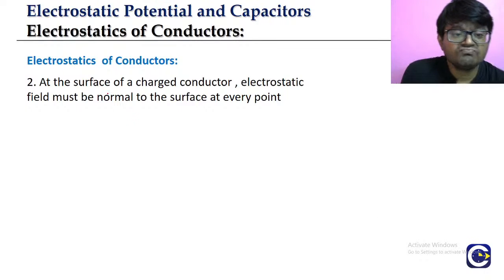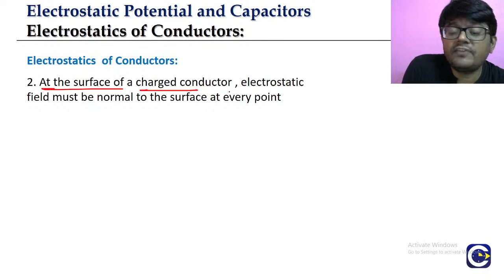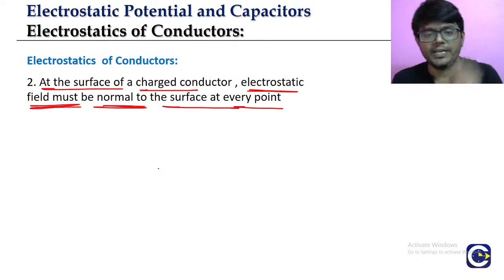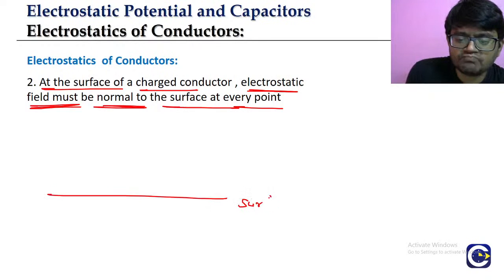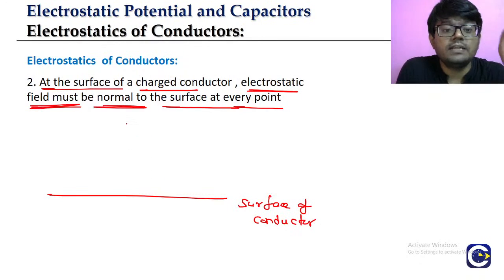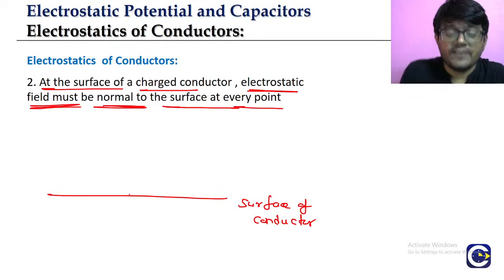Another point: at the surface of a charged conductor, the electrostatic field must be normal to the surface at every point. Say for example this is the surface of the conductor. The field should be normal to the surface.